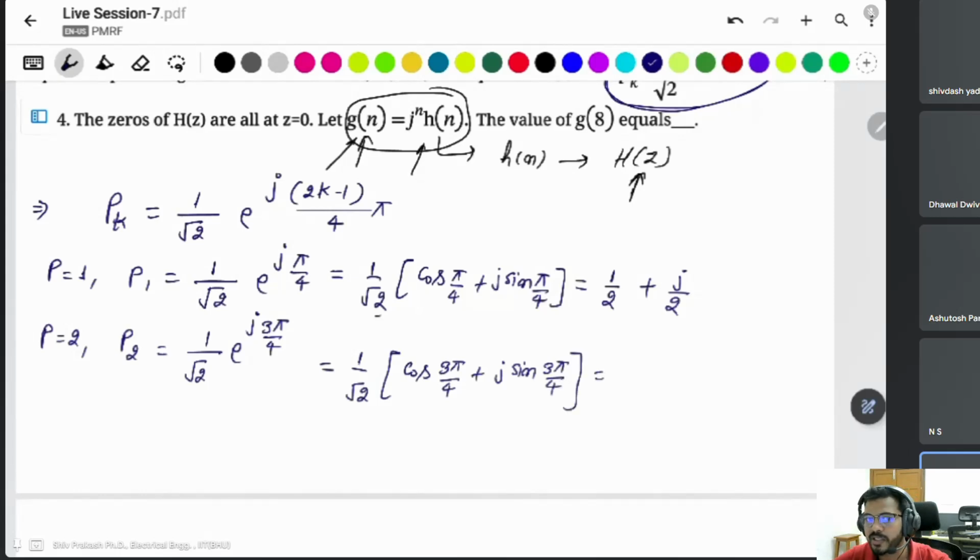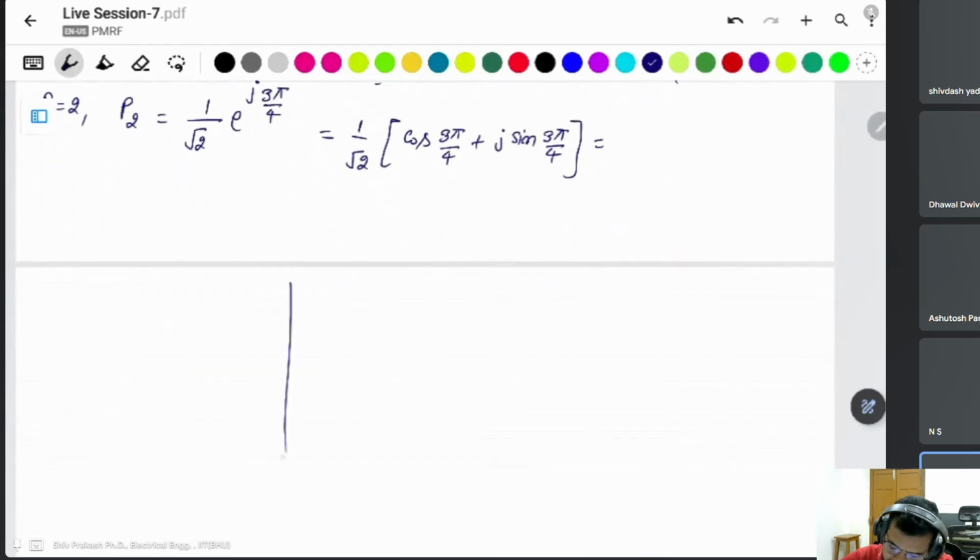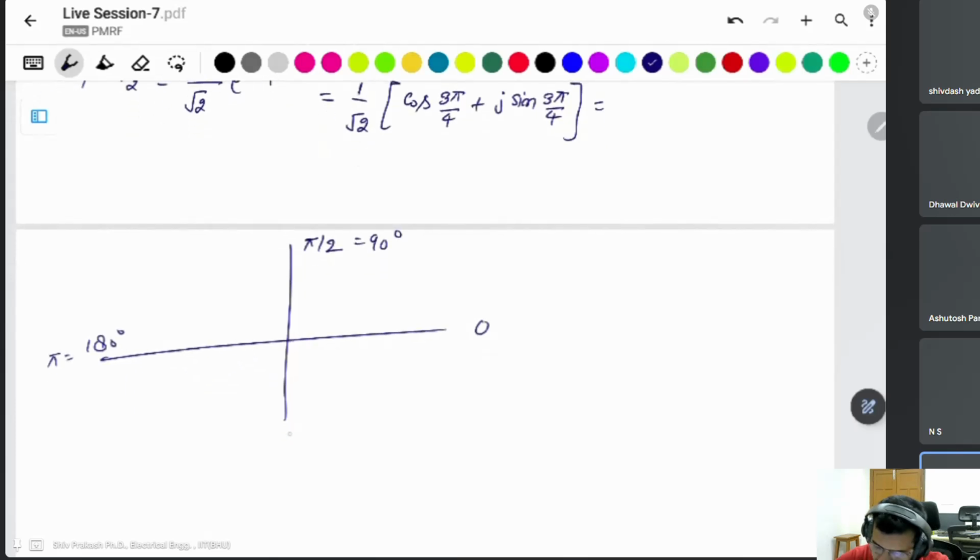What is the value of cos 3 pi by 4? 3 pi by 4 means 135 degrees. Where is 135 degrees? In the system, 0 degree, this will be pi by 2 or 90 degrees, this will be pi or you can say 180 degrees, 3 pi by 2 equal to 270 degrees, and this is 2 pi or 0 degree.